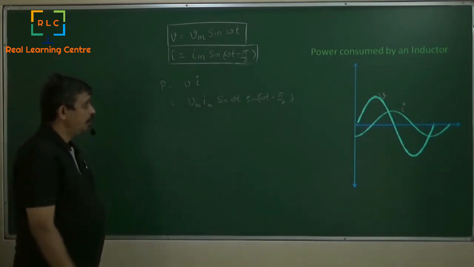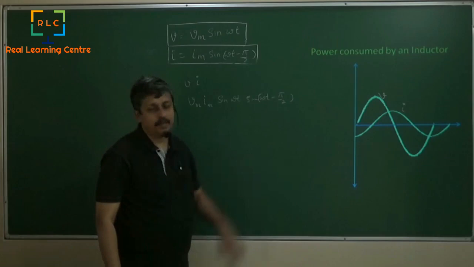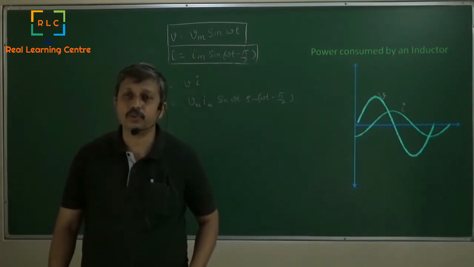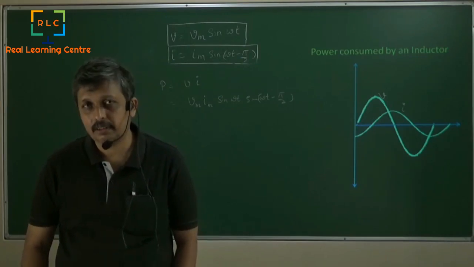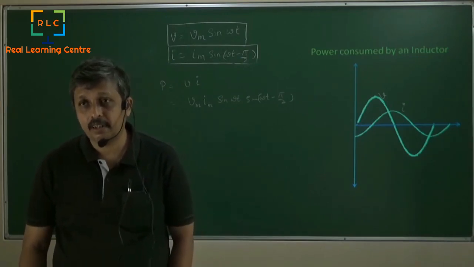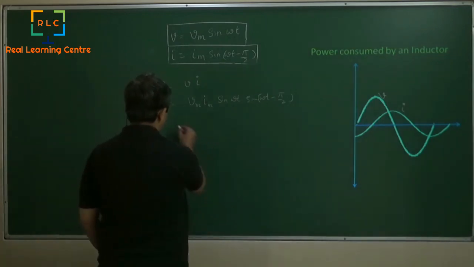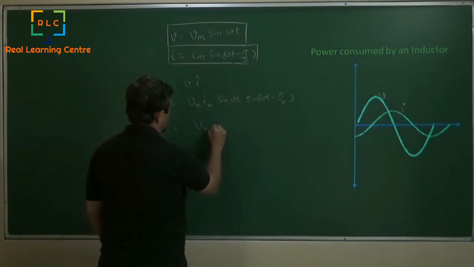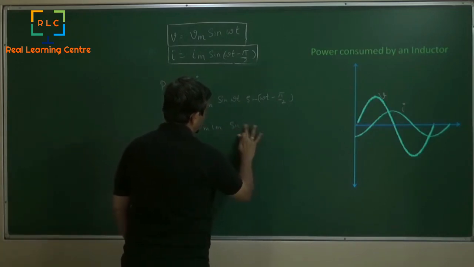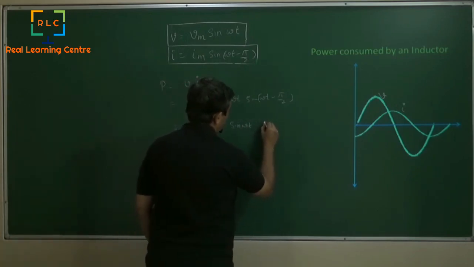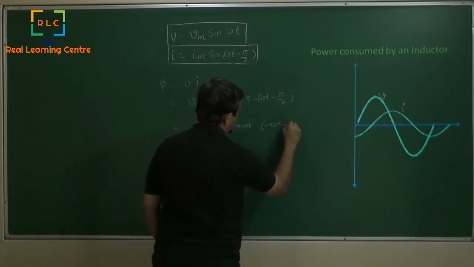Sin(omega t minus pi by 2) can actually be written a little differently: as minus cos omega t. So it is Vm Im sin omega t into minus cos omega t.